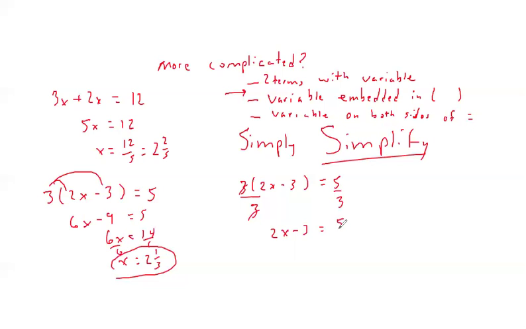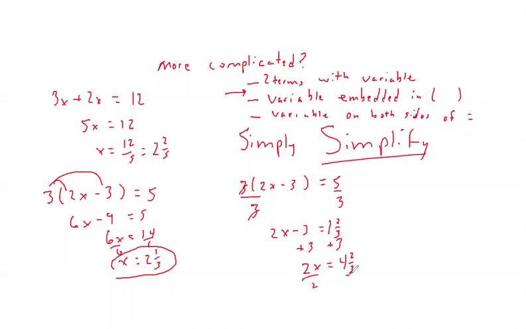And then I've got 5/3, or 1 2/3. Then watch what happens. I'm going to add 3 to both sides, and I get 2x equals 4 2/3.